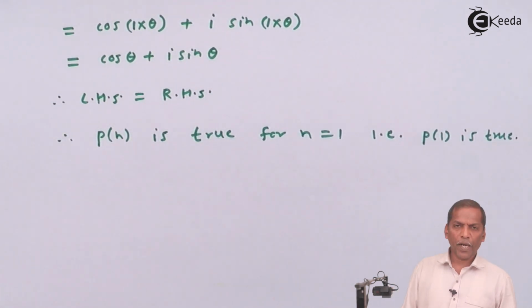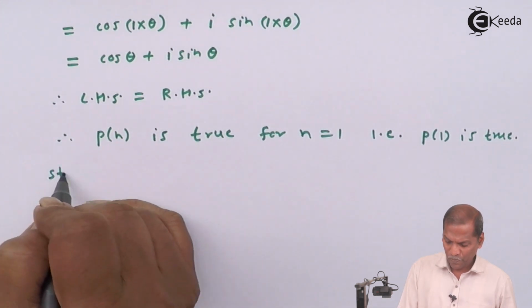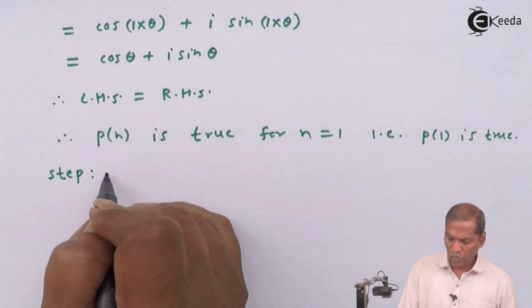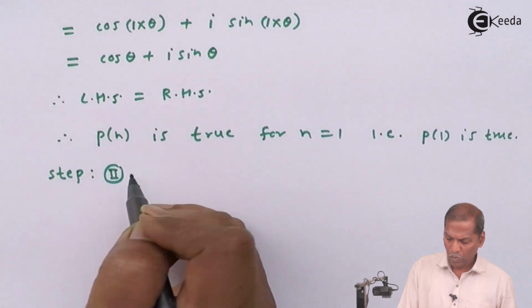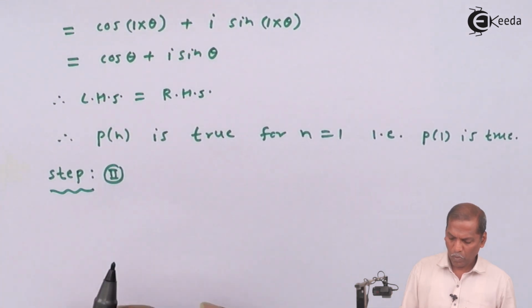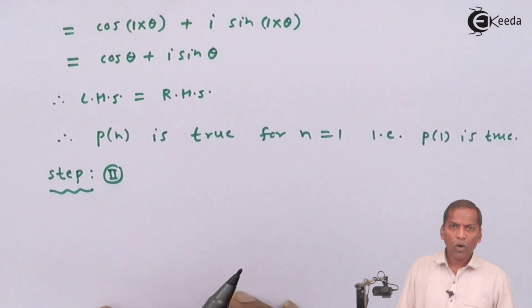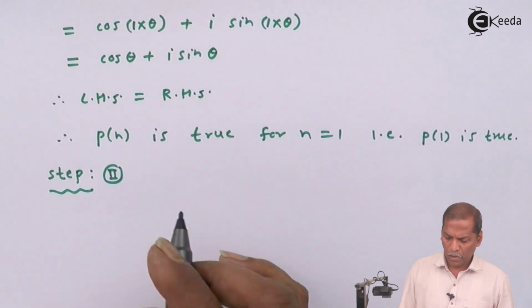Now here we consider step number 2. We assume that P(n) is true for n equal to k.